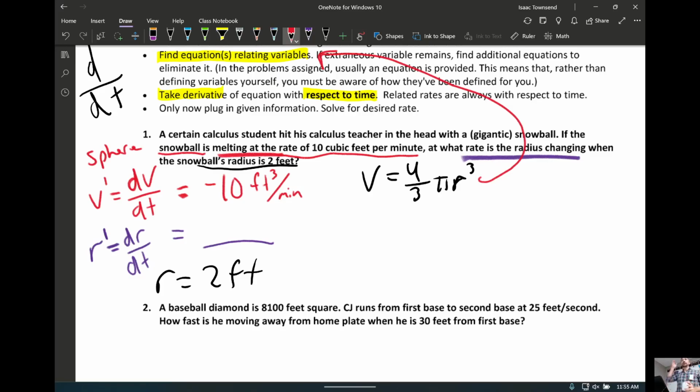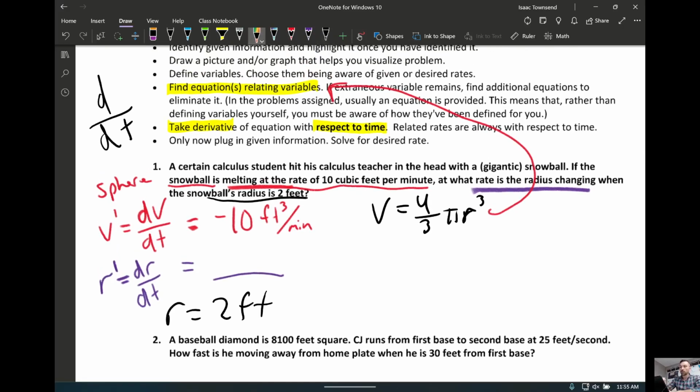Now, I've not done any calculus at all yet. I mean, I guess it helps to know that the rate is something prime, but I've not really done any calculus. So now what I need to do is take the derivative of this with respect to time. If I just try to use the power rule on v, it's just like doing the power rule with x.